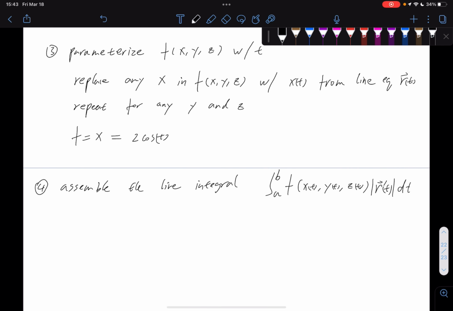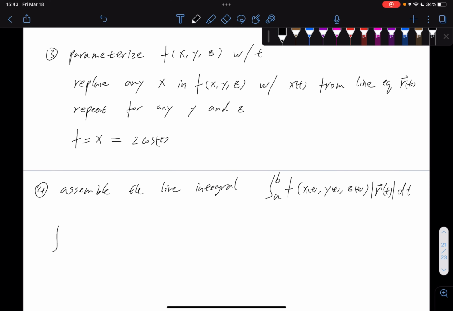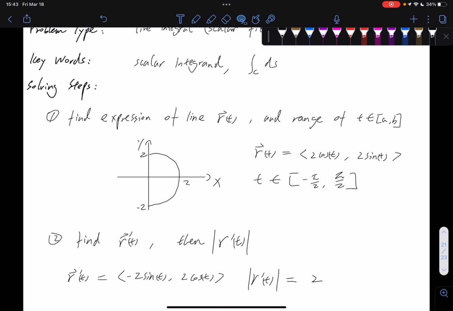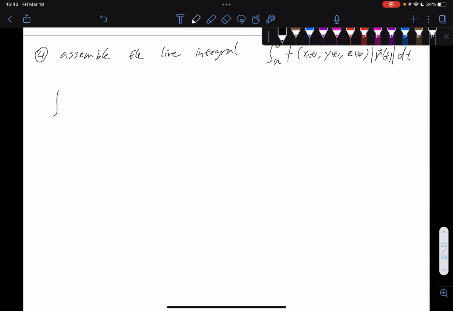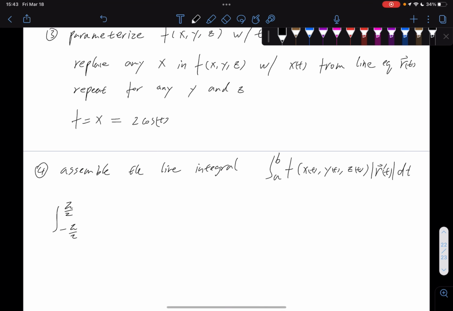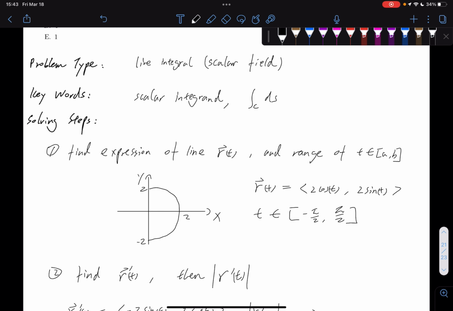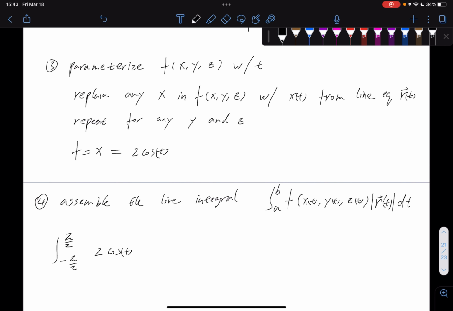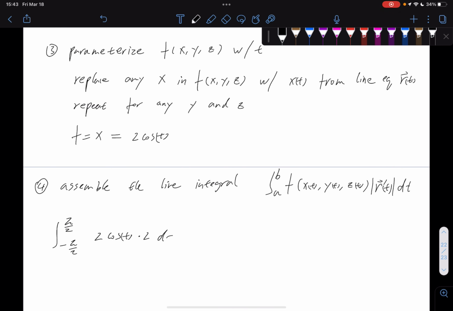Our lower bound we just found is negative pi over 2 and positive pi over 2 is our upper bound. So the integral from negative pi over 2 to pi over 2 of f of t, which is 2 cosine t, times the magnitude, which is 2, dt. This should be a pretty easy integral to solve.